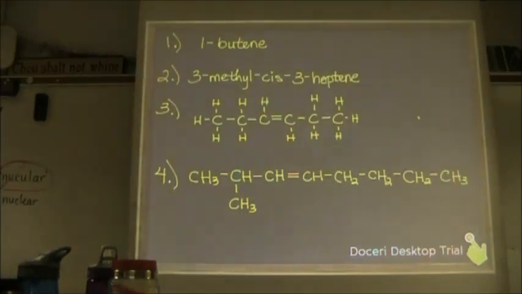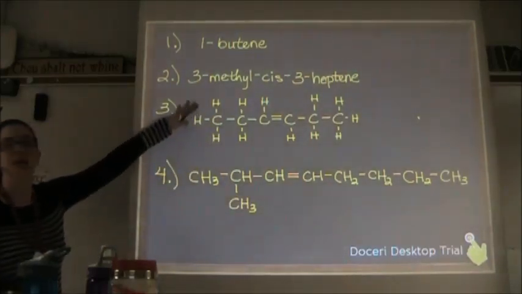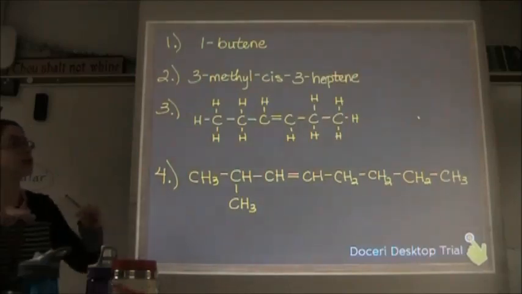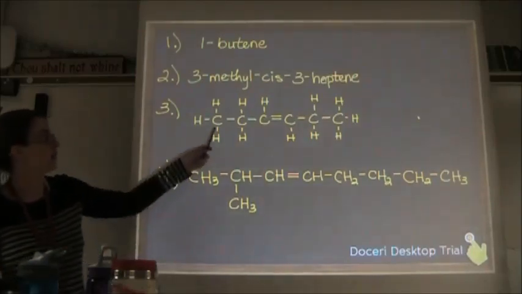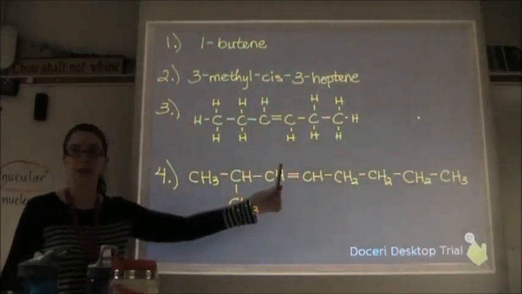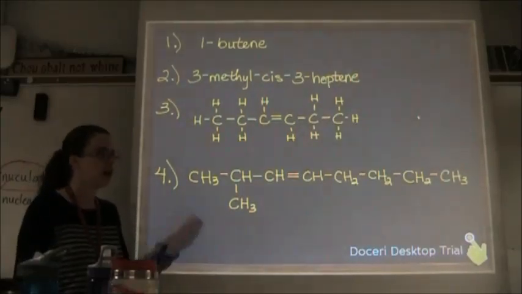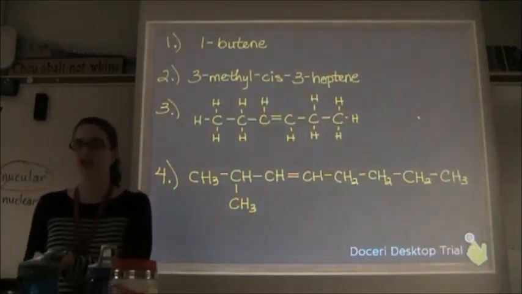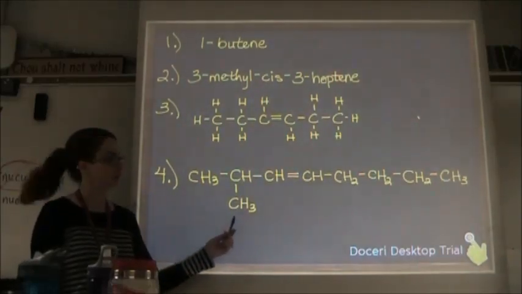All right, check your answers, ladies and gentlemen. I have drawn 3 and 4 in 2 different ways, and I don't care how you go about it. This would be drawing every single individual bond out. If that's annoying to you and you feel like you've got a handle on how many hydrogens are going to be attached to each carbon, you're welcome to do something like this.